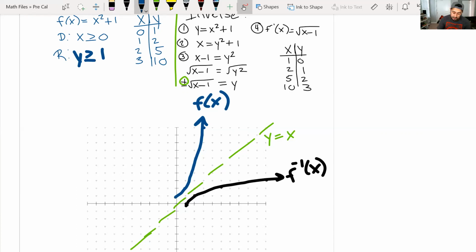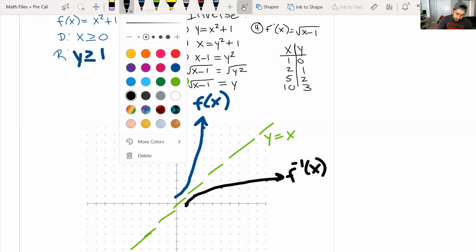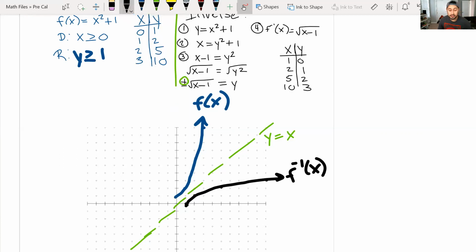Okay, and now if we do the domain and range for the inverse function, all you have to do is take the domain and range from the original function and flip it, switch it, whatever you want to say. So this means that we'll get the domain as x greater than or equal to 1, and the range y greater than or equal to 0.